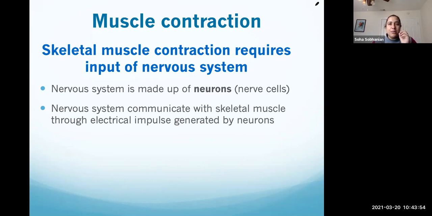Now, I want you guys to understand this distinction. There is a difference between muscle being damaged versus the nervous system being damaged. If somebody has a stroke, there is no damage to their skeletal muscle. The skeletal muscle is perfectly healthy. It's the connection that causes those muscles to move through the nervous system that is damaged.